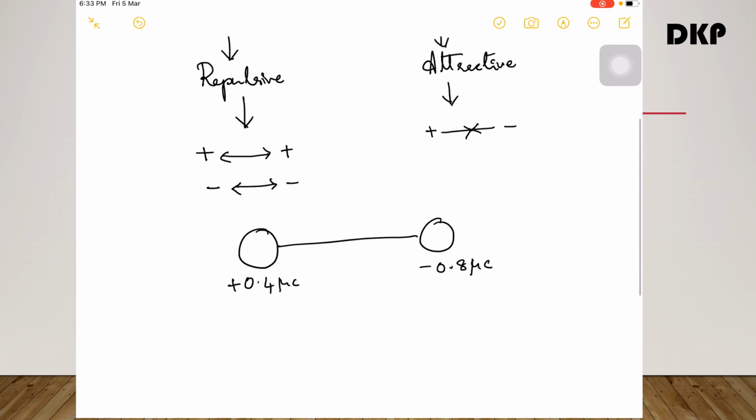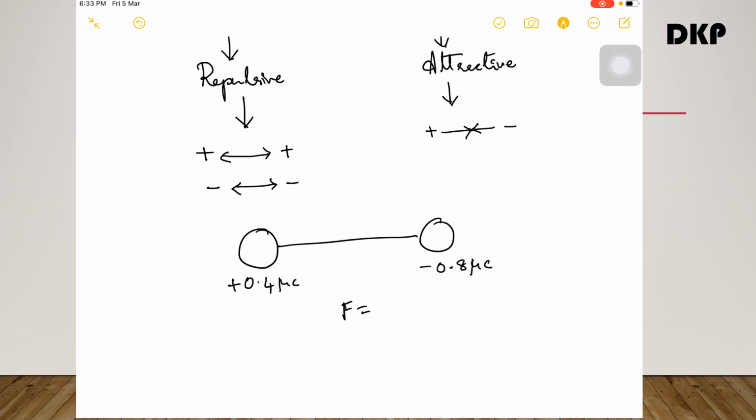Whether minus 0.8 microcoulomb charge is attracting 0.4 microcoulomb with 0.2 Newton force towards it, or 0.4 microcoulomb attracts minus 0.8 microcoulomb charge towards it, the force is the same.